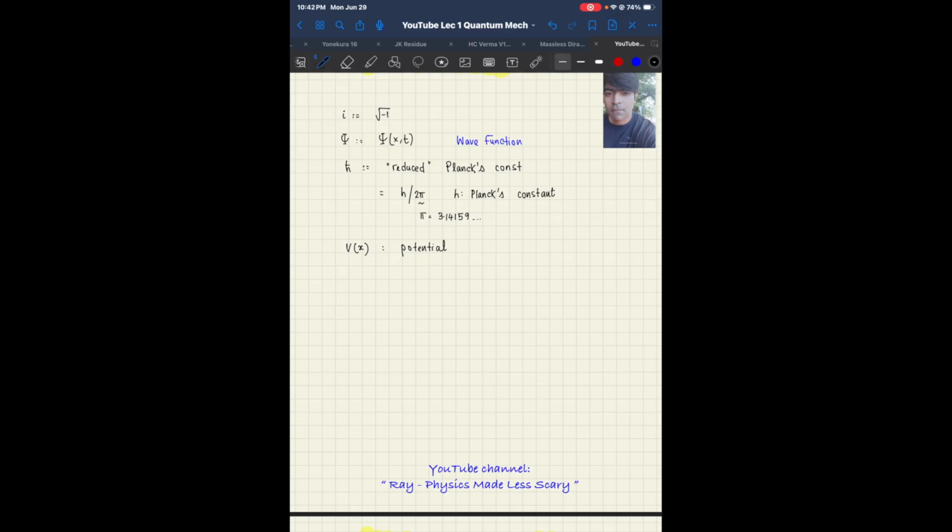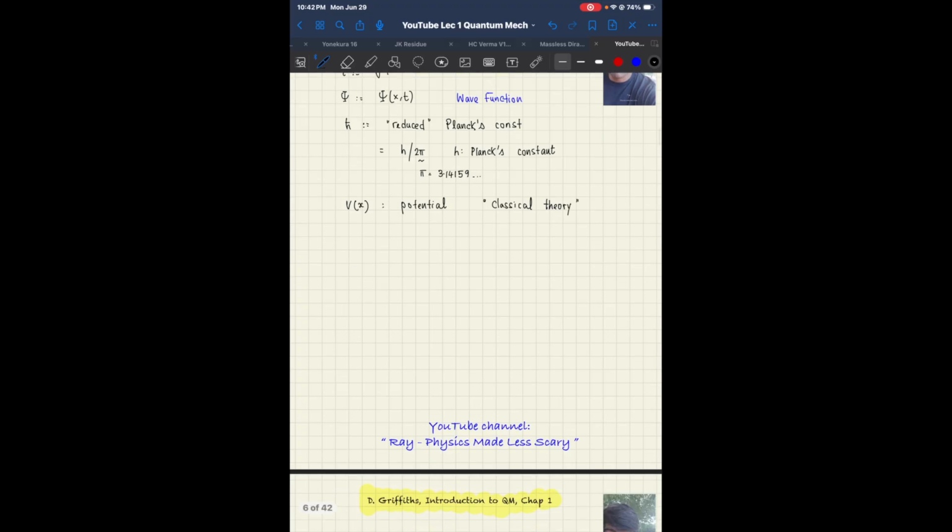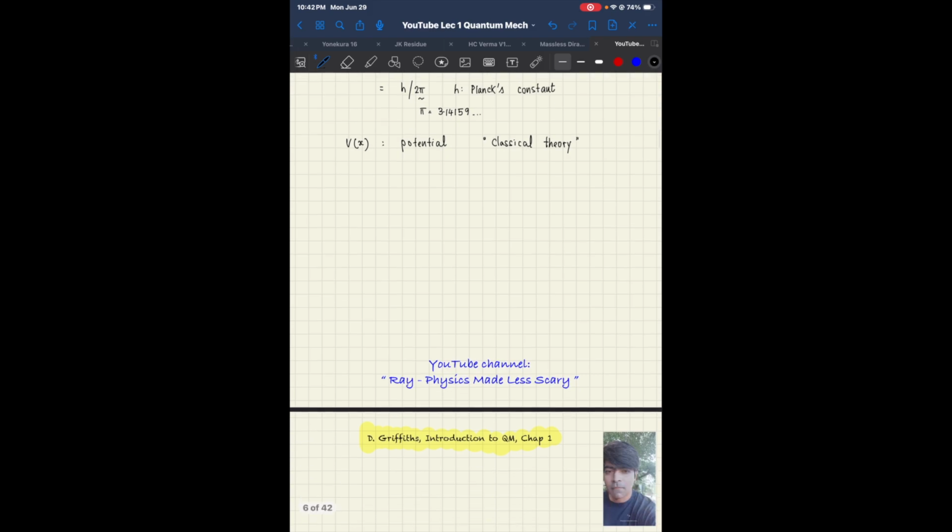Exactly analogous to what you would have in classical theory. For example, let me remind you what V is in classical theory with, say, a spring. So we all know how the potential for a spring looks, right?